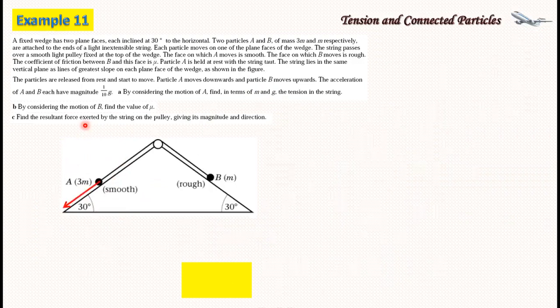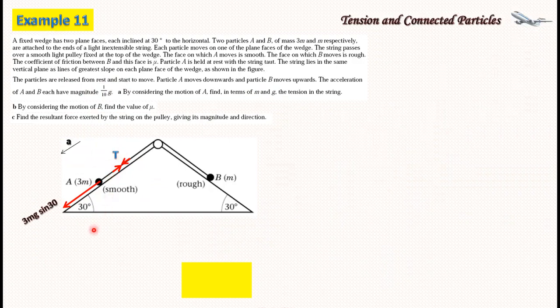By considering the motion of A, we resolve the forces. We are going to have 3mg sin 30, and then we have the tension in the string. The acceleration of this system, we have been told, is 1 on 10g.